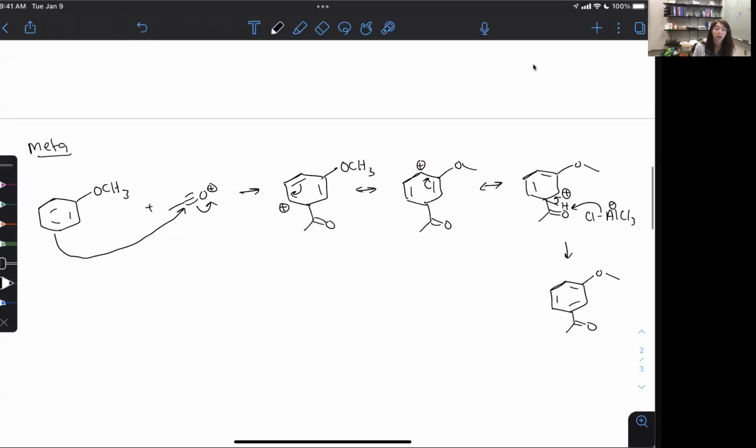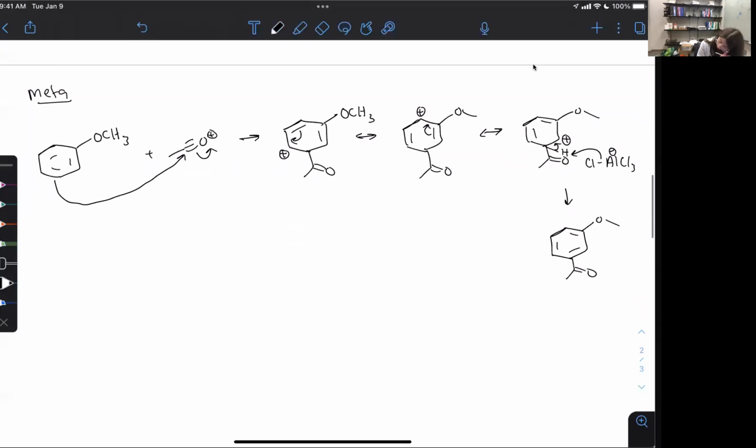Okay, let's go for para. So the beginning is still the same. It's actually identical to the meta. We're just going to choose the other side to put it on.